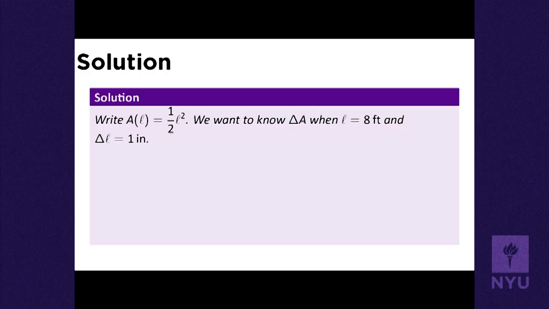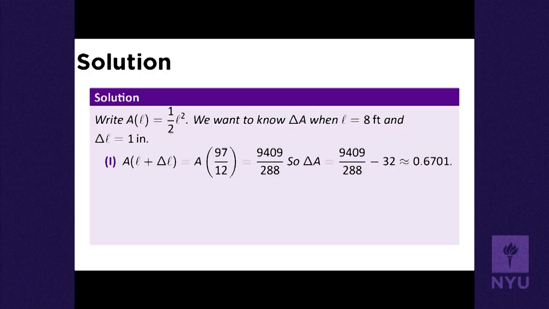What we want to know is the change in the area, that is, how far off the area can be when we're trying to plug in 8 feet and we might be off by as much as 1 inch. It's supposed to be an 8 foot by 4 foot rectangle, but it might be 8 foot plus an inch or 8 foot minus an inch.